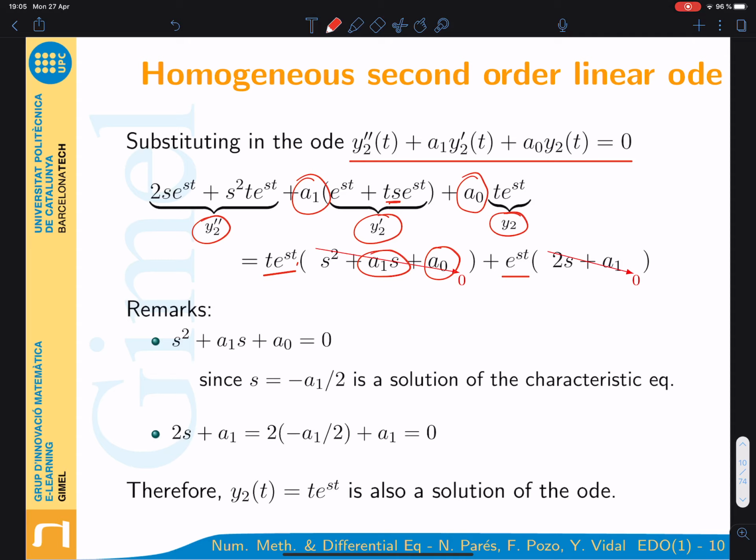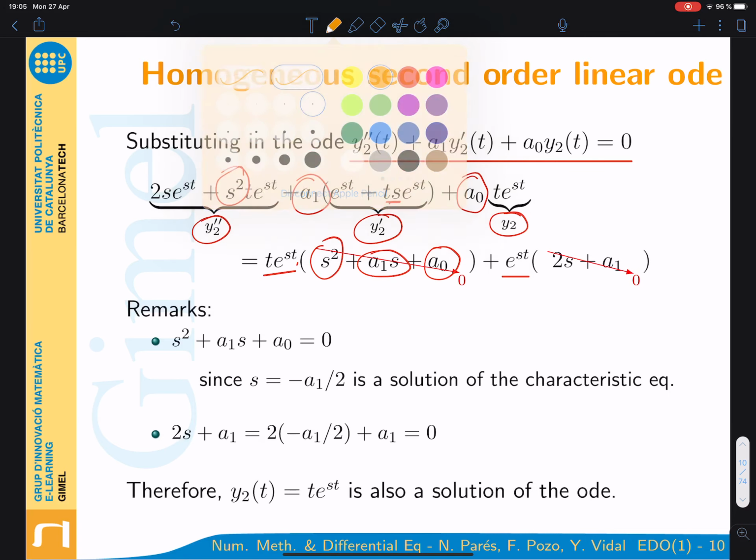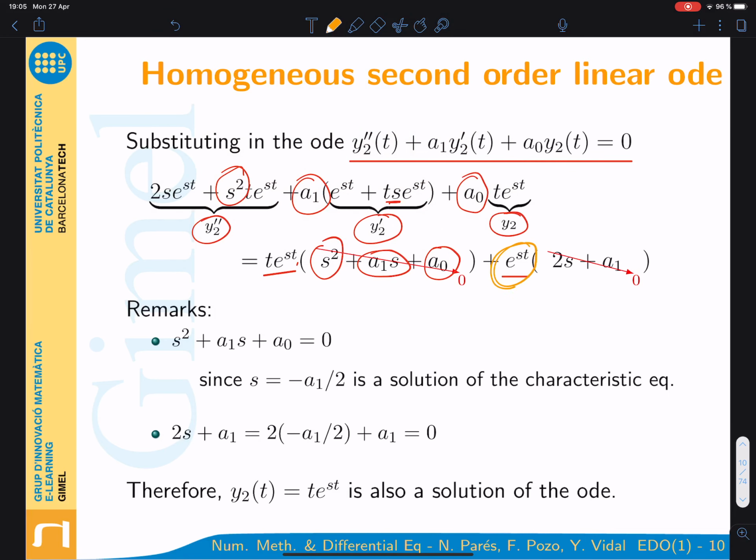And I also have s squared, that appears here. And then I will change color. For this term, the exponential of st, I have this term 2s times the exponential, and the other one remaining is a1 times the exponential of st. All the other terms have already been used, okay?